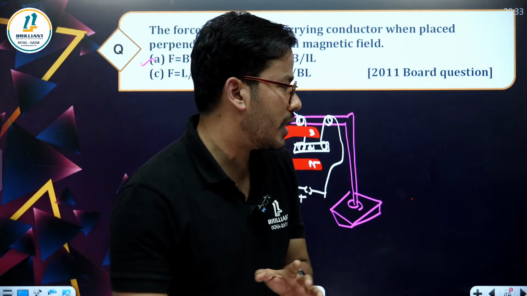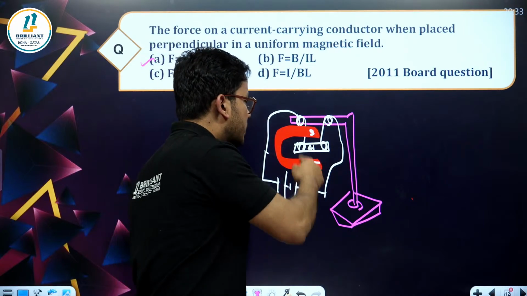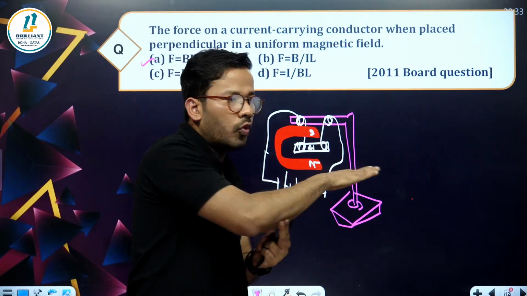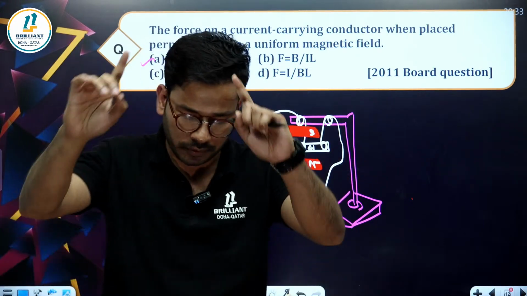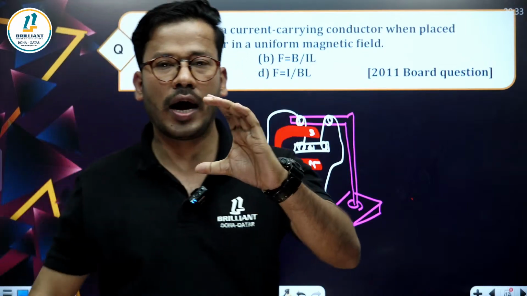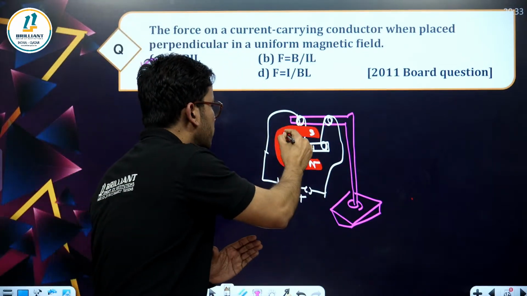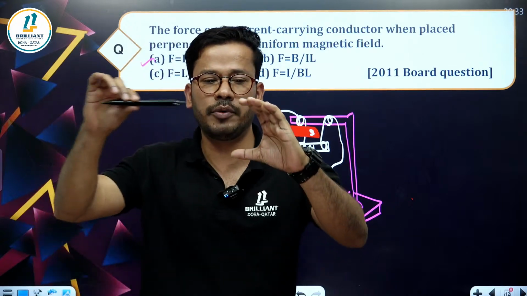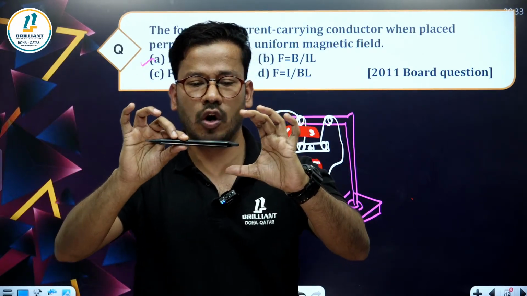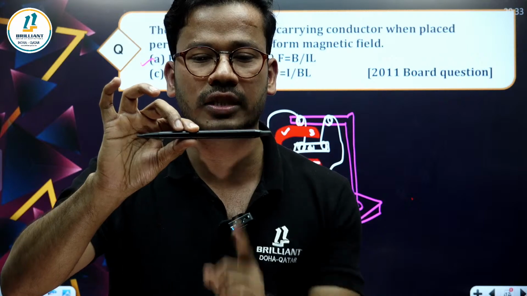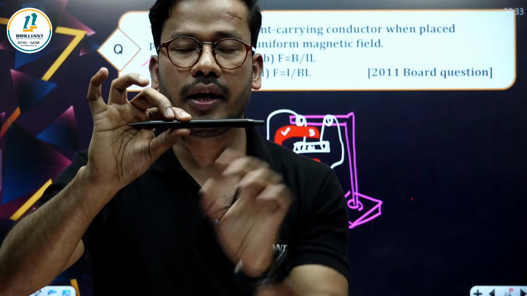You have this horseshoe magnet, there you go. You have this aluminum rod. Now this aluminum rod is suspended freely, hanged in a stand, right?